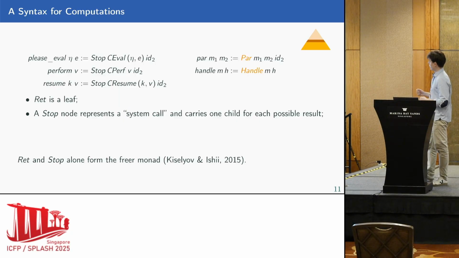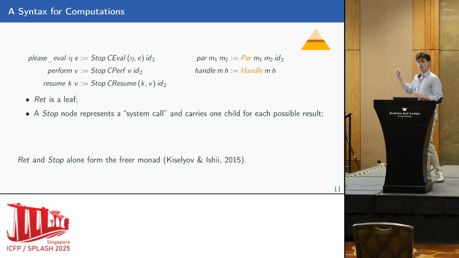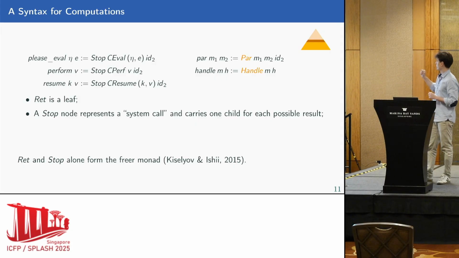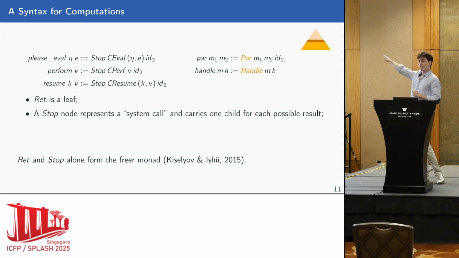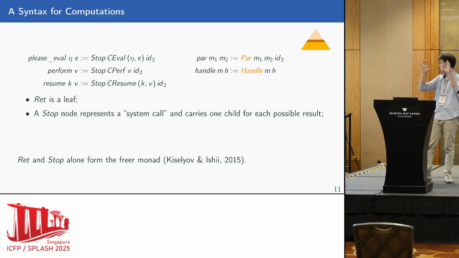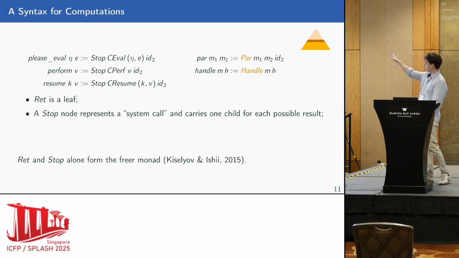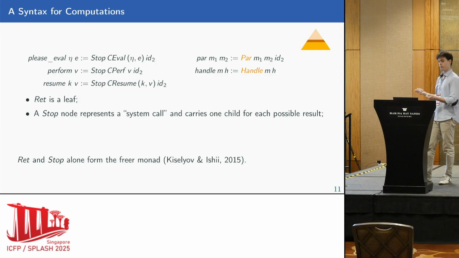So the par and the handle desugar also very nicely into constructors. It's not much more complicated. But you'll notice these things carry micro-computations in their arguments, right? The par has two micro-computations that it holds in stasis. The handle has one micro-computation as well. So these are why these kind of don't quite fit in the framework of the Freer monad.